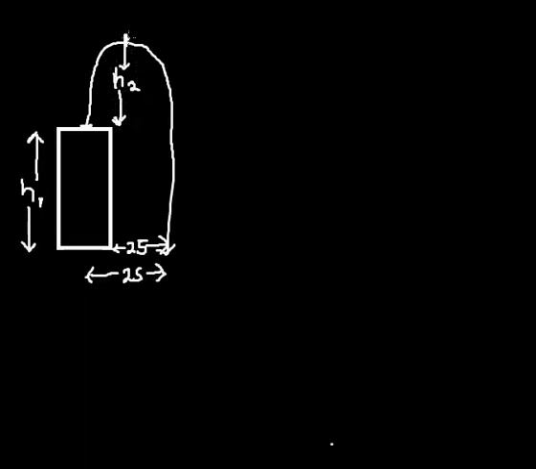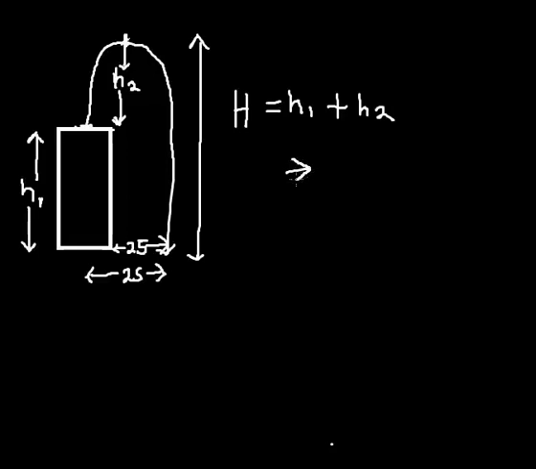If I can get this height, then I get the total height, capital H, from this point to this point. Capital H is going to be equal to H1, the height of the tower, plus H2, the maximum height from the top of the tower. So it is easy to get H1: H1 is going to be equal to H minus H2.